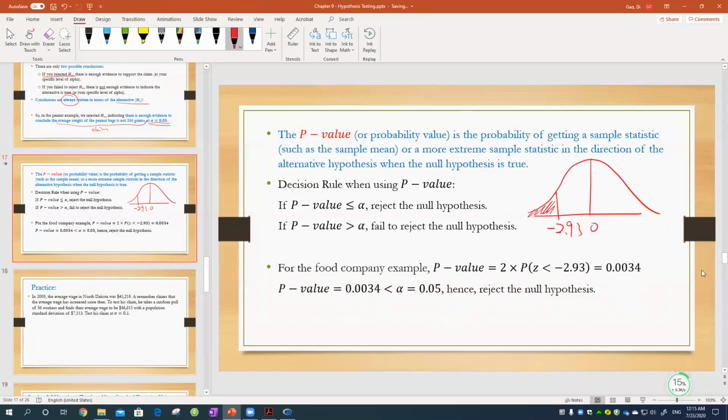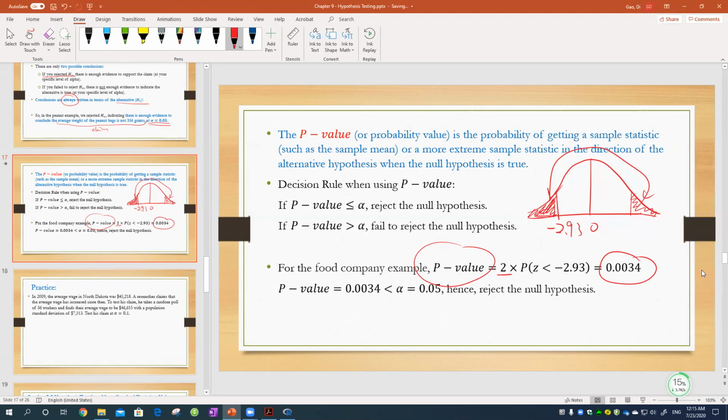P-value means more extreme, so we want to know from this point lower, but since it's a two-tailed test, we have also the probability here. Add up those two parts together, and that gives you the p-value. Since z is symmetric, they're the same, so you use 2 times the probability of z smaller than negative 2.93. So you get 0.0034.